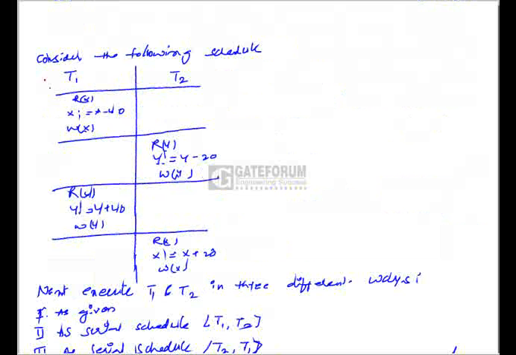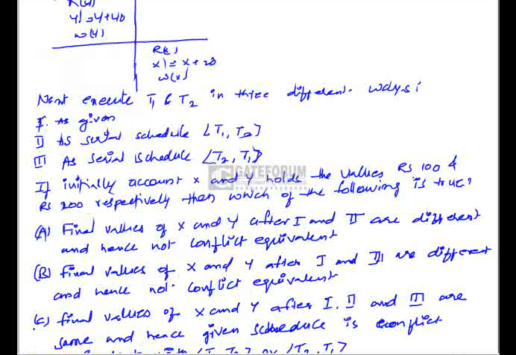In this question, a schedule is given and that schedule consists of 2 transactions T1 and T2, and the initial values of accounts X and Y are given as 100 rupees and 200 rupees respectively. It is given that T1 and T2 are executed in 3 different ways.